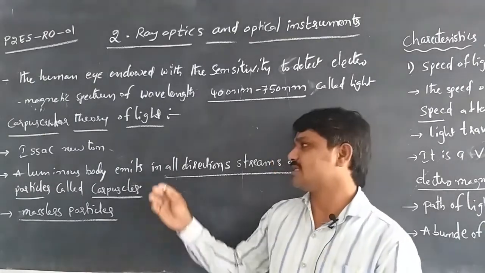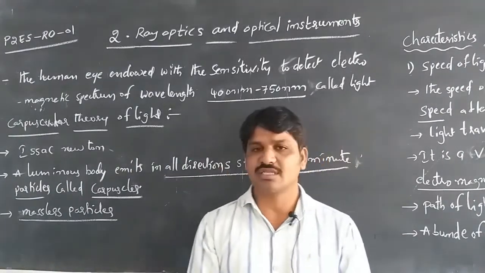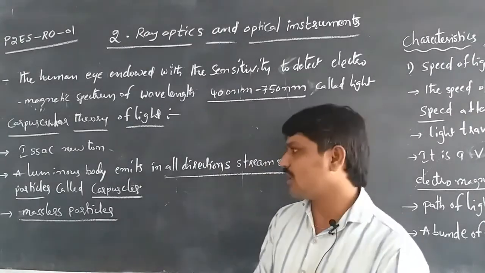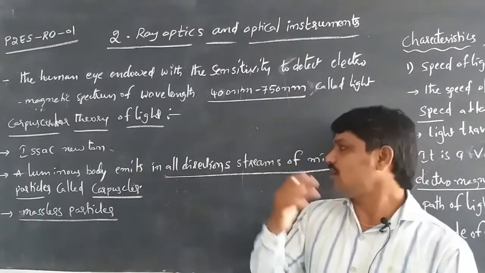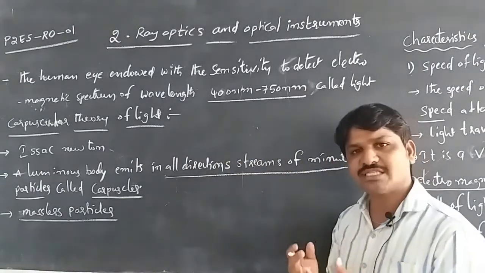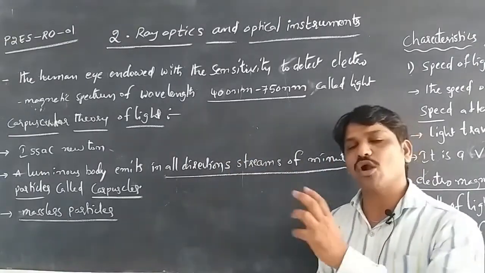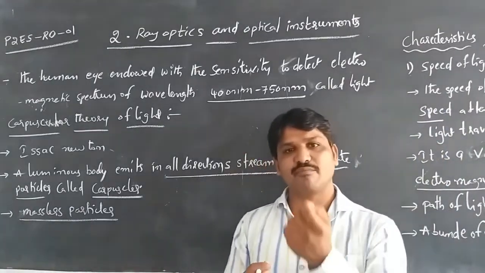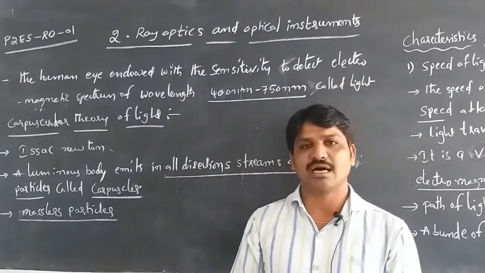Then Isaac Newton said that a luminous body emits in all directions a stream of minute particles called corpuscles.